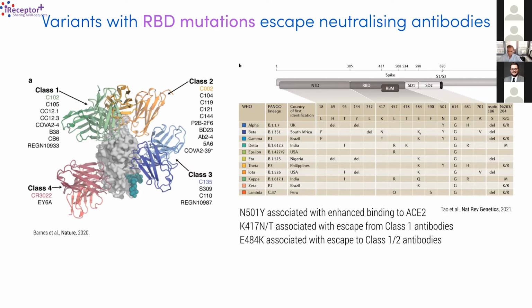Beta and gamma variants originated from South Africa and Brazil, and they presumably evolved independently. They also share N501Y, and they also share similar mutations in position 417.